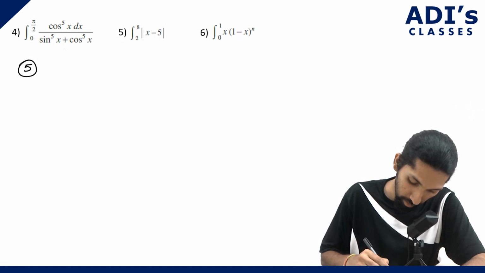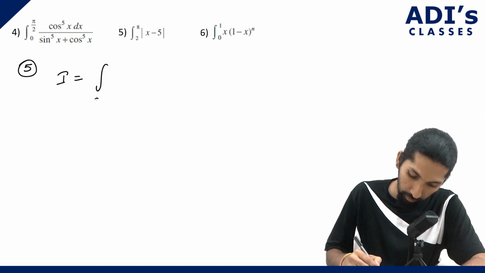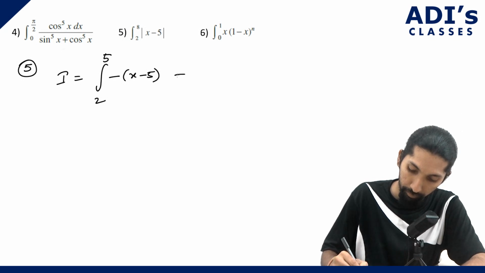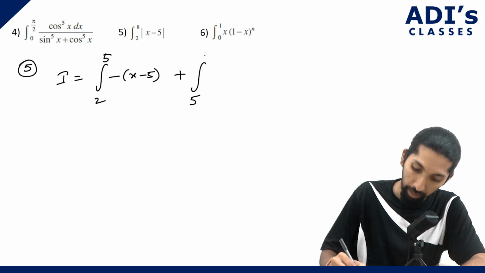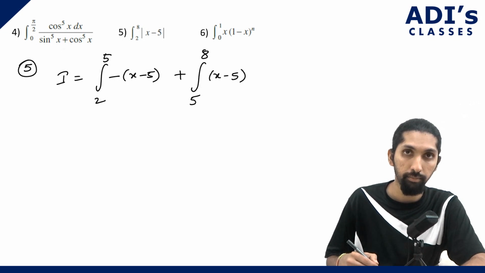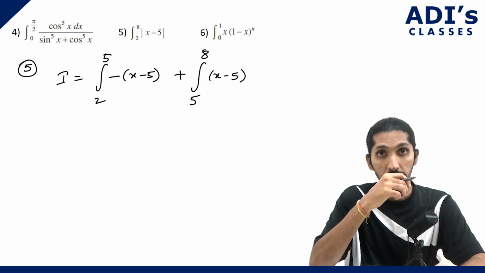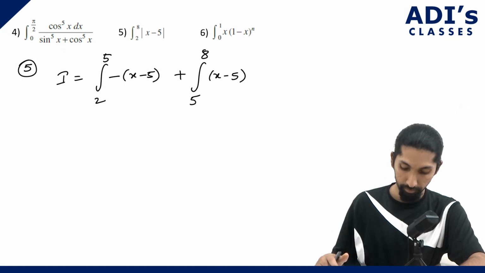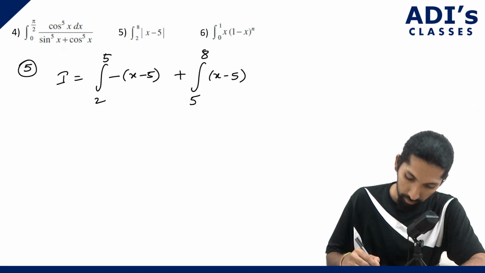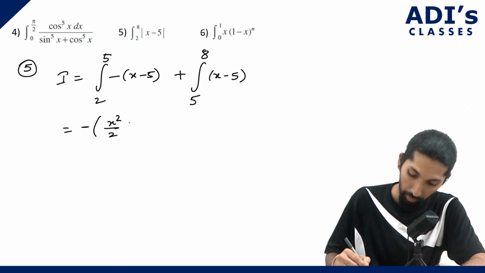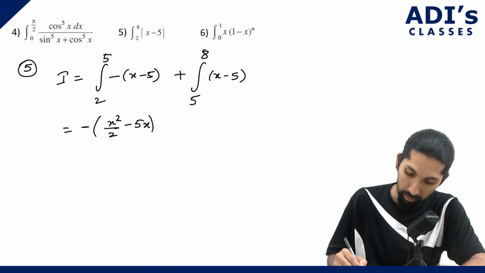That means you have I is equal to integral from 2 to 5 of minus of x minus 5, plus integral from 5 to 8 of just x minus 5. Let's integrate, because when you integrate, you can apply the limit and you will get the answer. Fine. So when you do this, this is going to be minus of x square by 2 minus 5x.